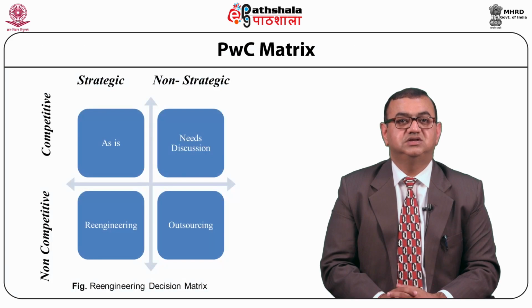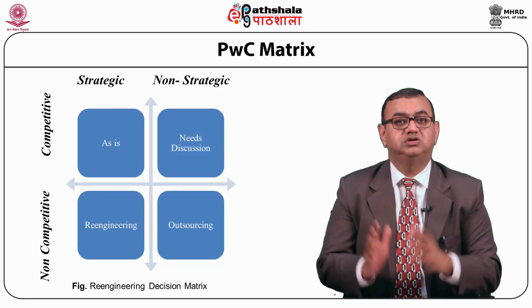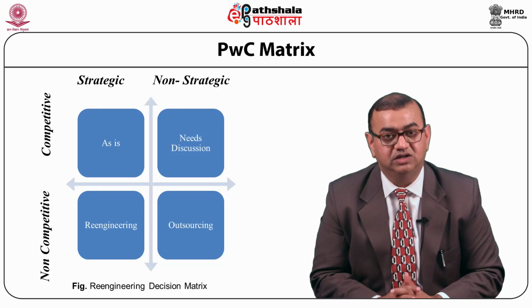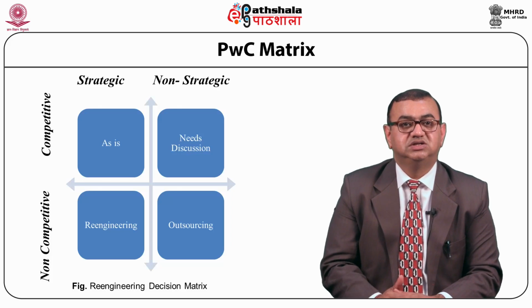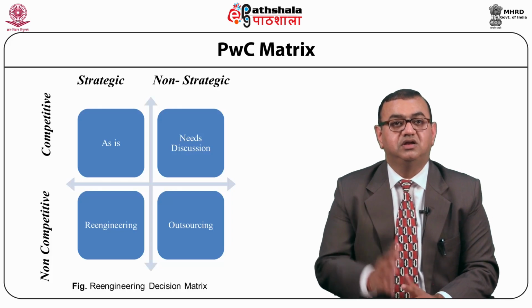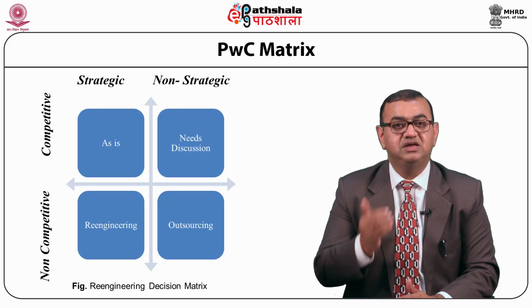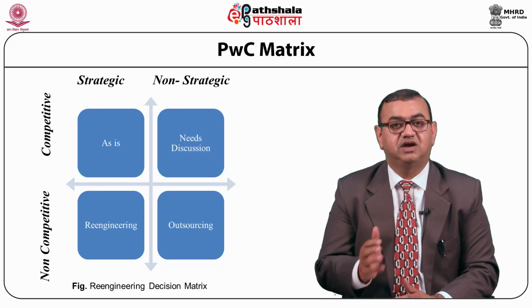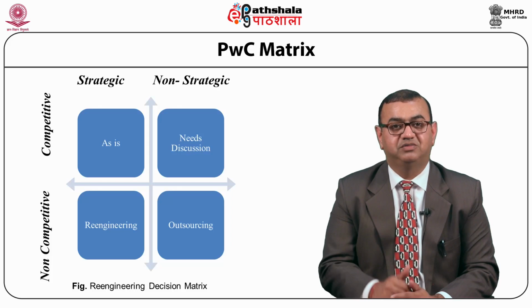The first dimension is strategic importance. Consider how important the process proposed for reengineering is to the organization in achieving long-term strategic competitive advantage in its chosen marketplace. The second dimension, that is competitive or non-competitive, relates to how competitively the process being considered for reengineering is currently being performed compared to the external competitive marketplace.